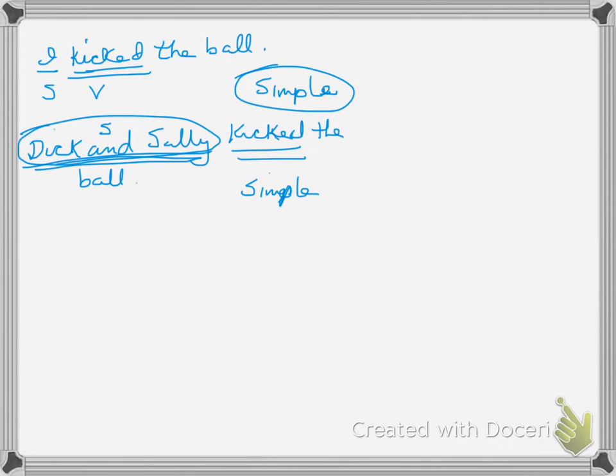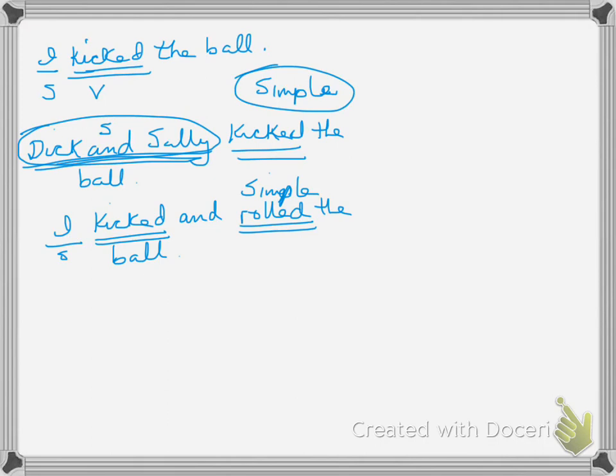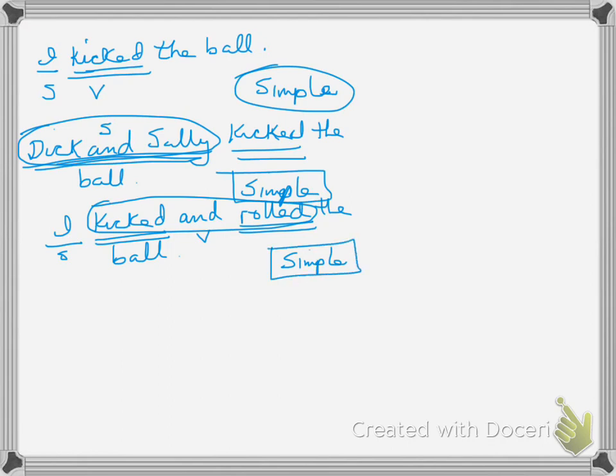I could have instead said, I kicked and rolled the ball. Here I have a subject and I have two verbs. So even though I have two verbs, I have one subject doing both actions. This also is another simple sentence. It is a simple sentence this time with a compound verb.